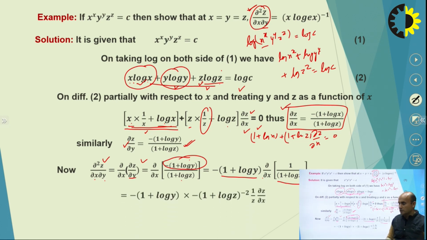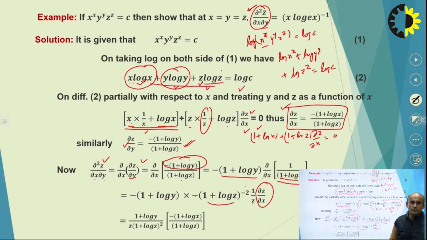After differentiating, we get minus 1 plus log z whole power minus 2, then the differentiation of log z, which is 1 upon z, and the differentiation of z with respect to x, which is del z upon del x, equal to minus 1 plus log x upon 1 plus log z, as given here. So this is the value of del 2z upon del x del y.